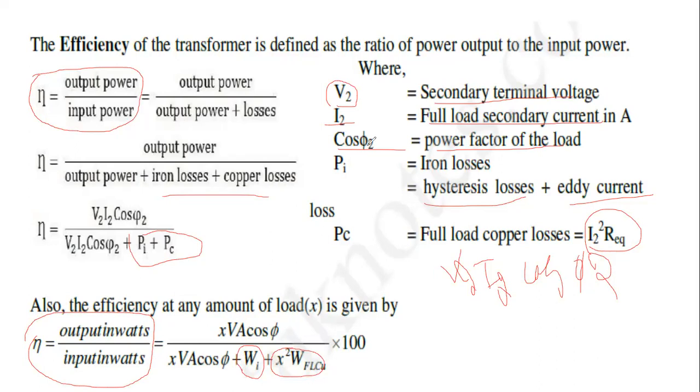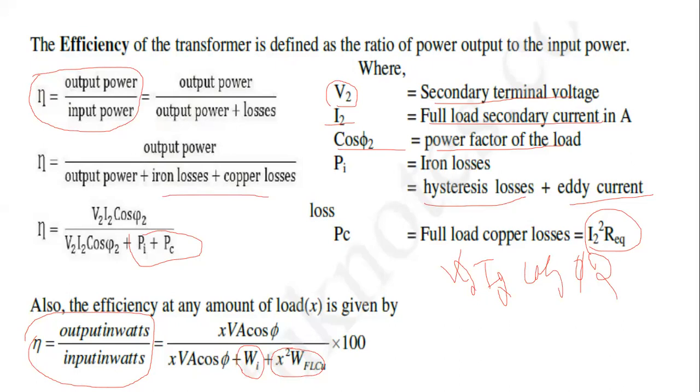Understand my first point: what is the formula for efficiency? Output by input. And the input is output plus losses.